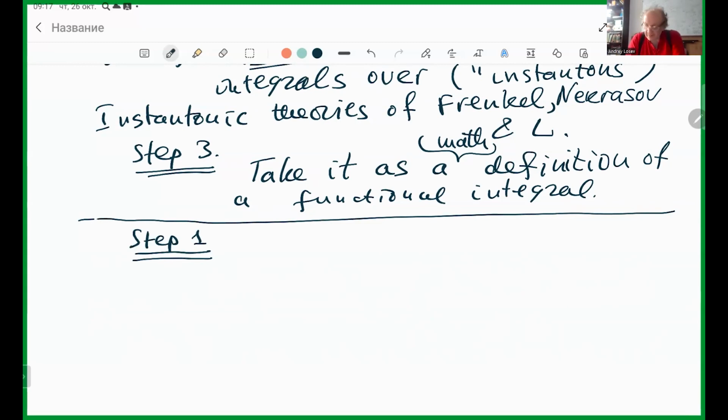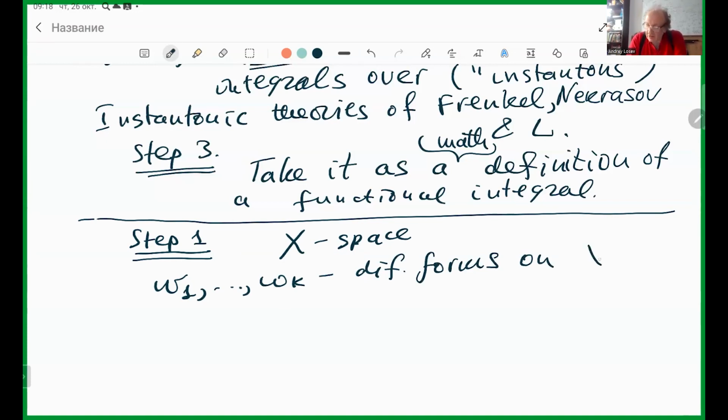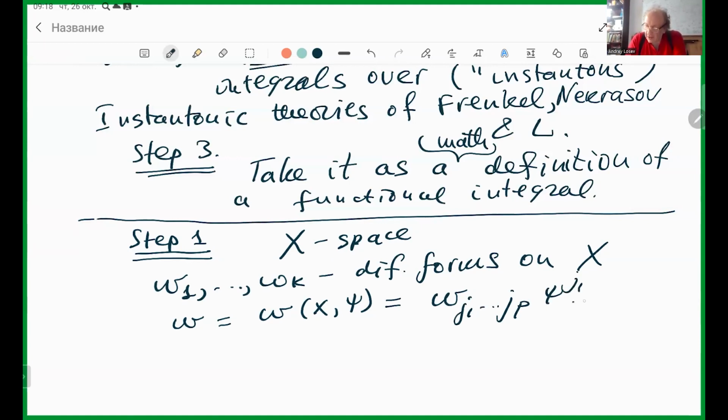Step 1. X is a space. Omega 1, omega k are differential forms on X. I will write them as a function of X and psi, like omega of G1, GP, psi G1, psi GP.